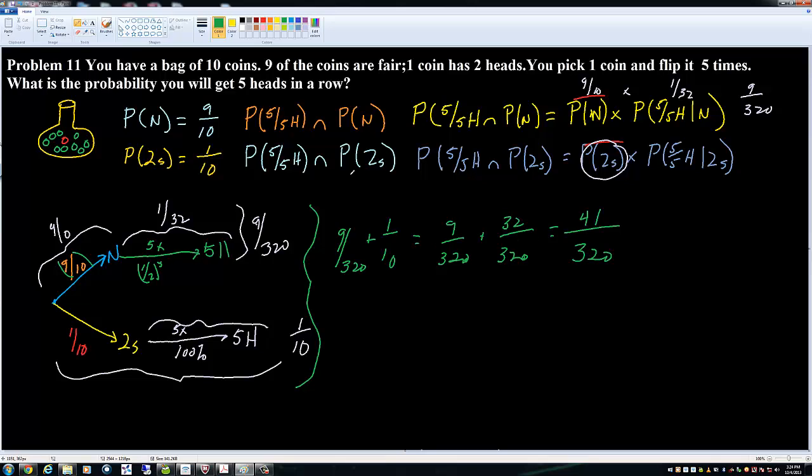So the chance of blindly picking a coin out, flipping it 5 times and getting 5 heads, the chance of that happening is 41 out of 320.